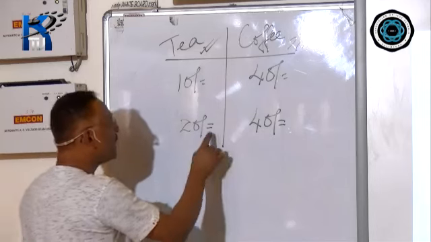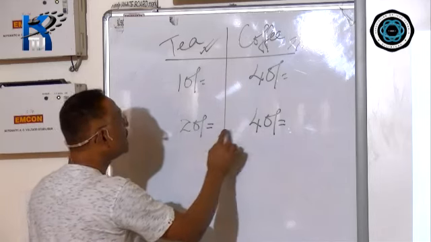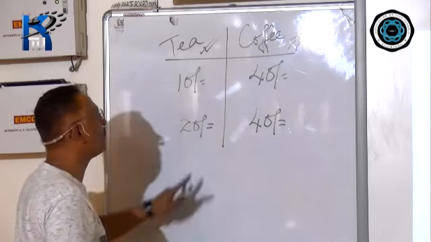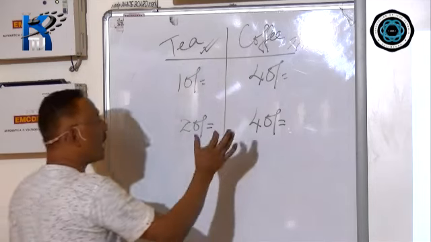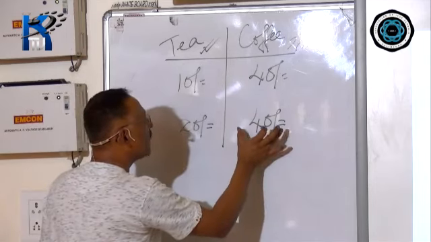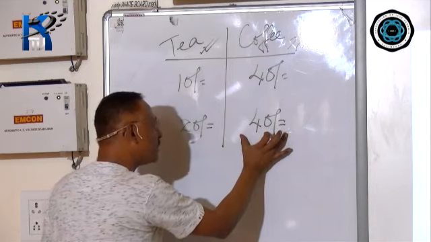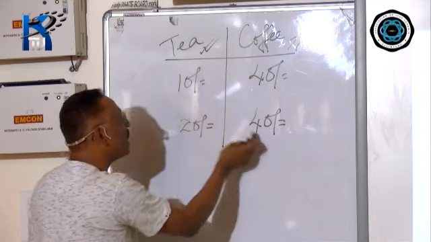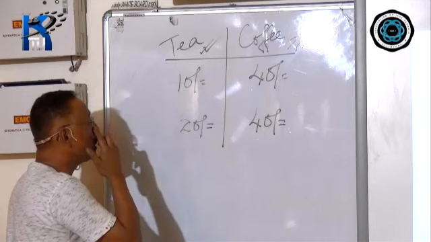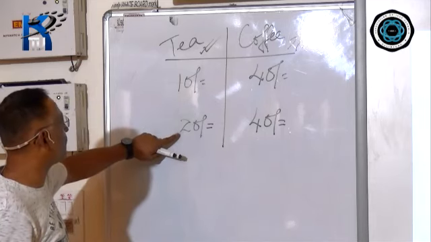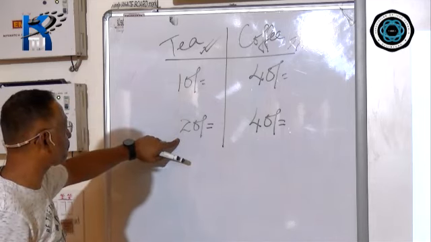That means relatively tea has now become costlier, and relatively coffee has become cheaper. Though the price of coffee is the same, compared to before it is now cheaper. So here we will say the price of tea has increased.